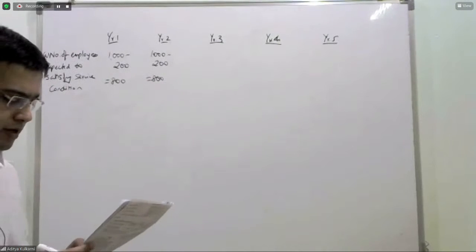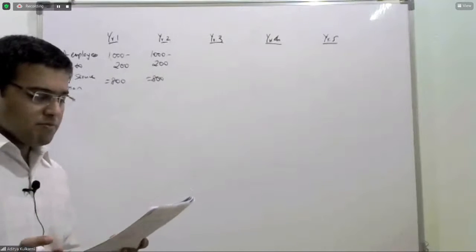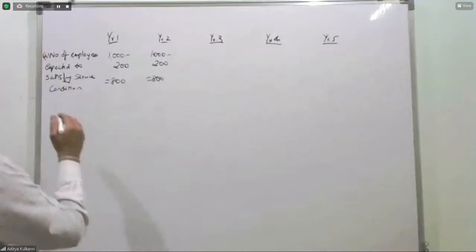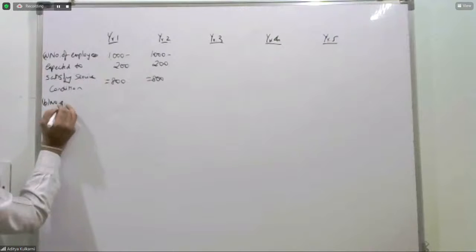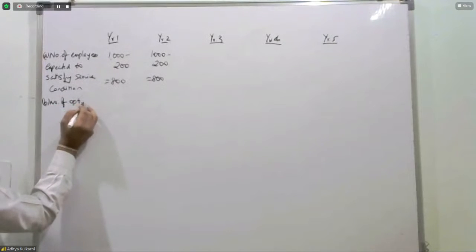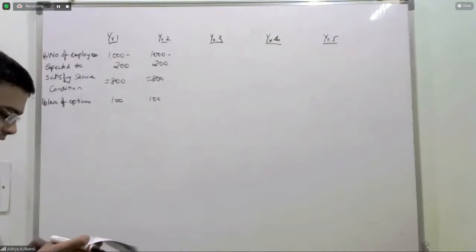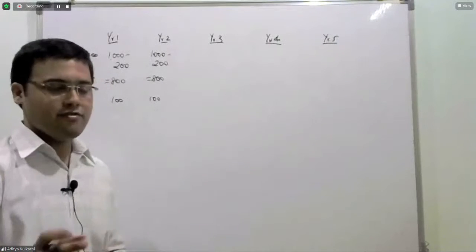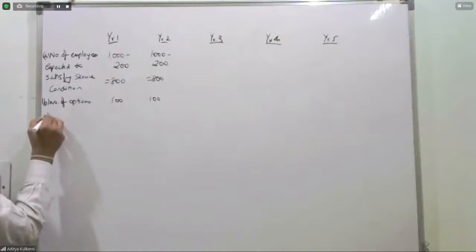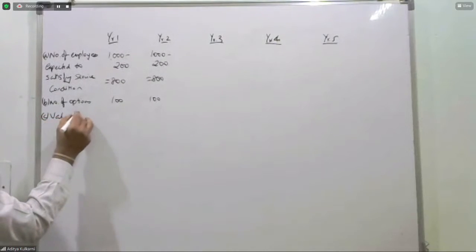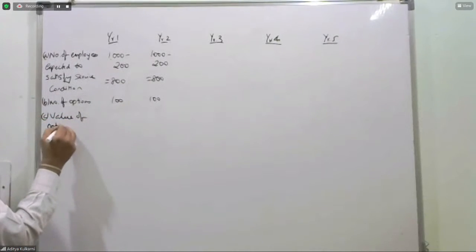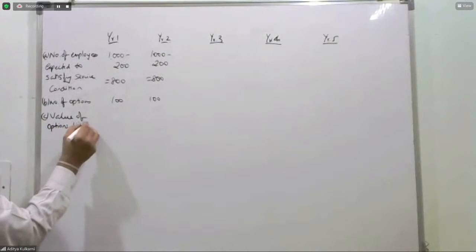What is the number of options? Total number of options is 100 each. So what is the total value of options likely to vest?